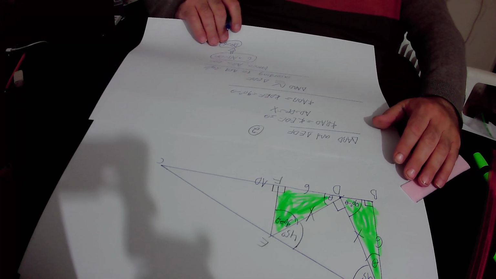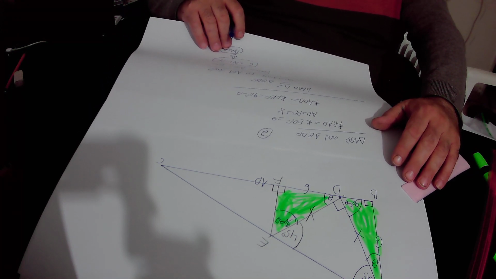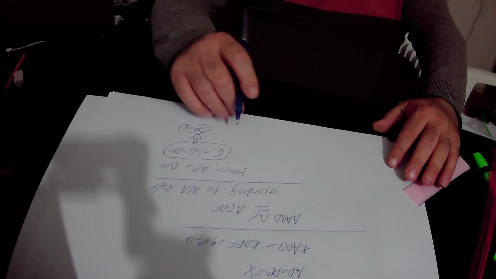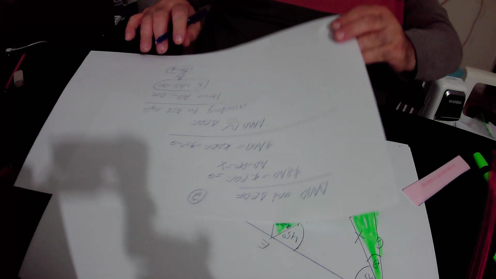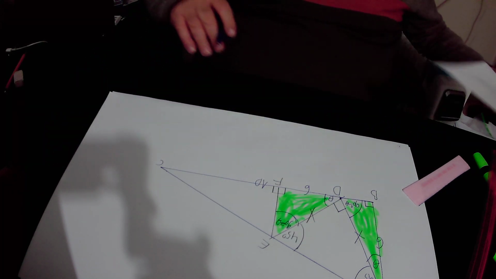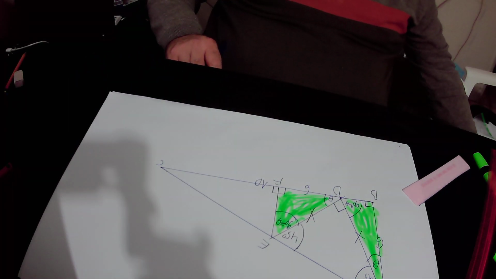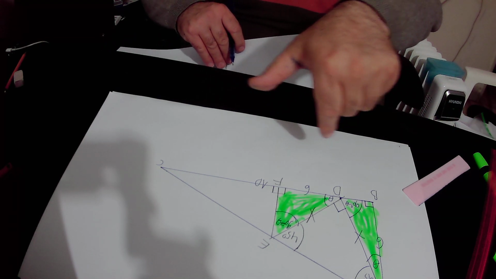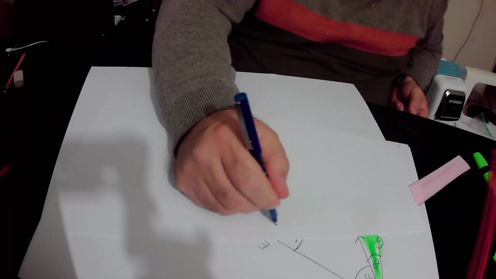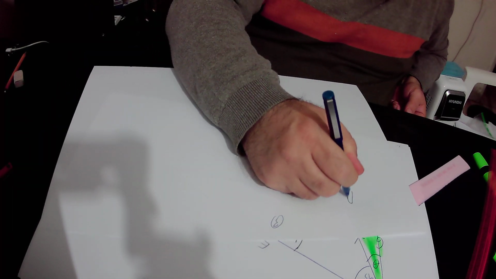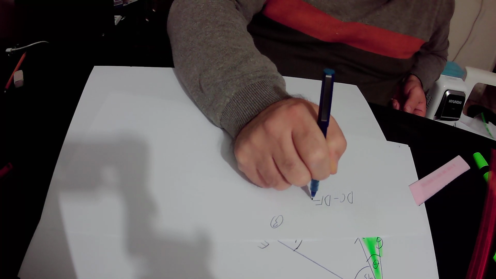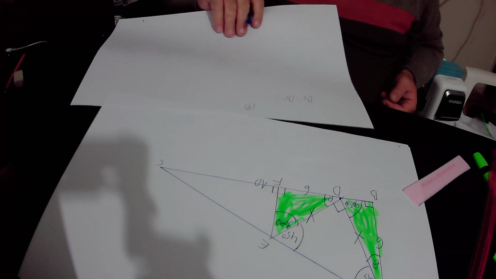And here it is given in the question that DC equals 10 units. DC equals 10 units, so DC minus DF equals FC.